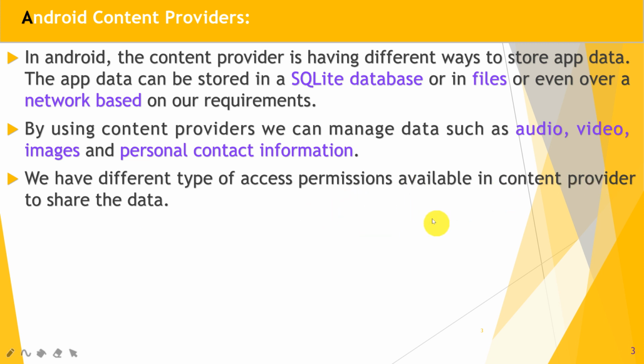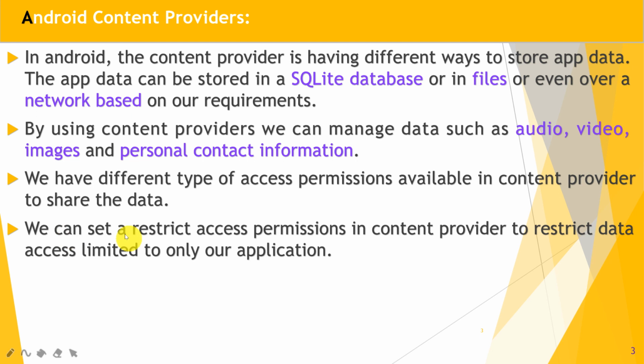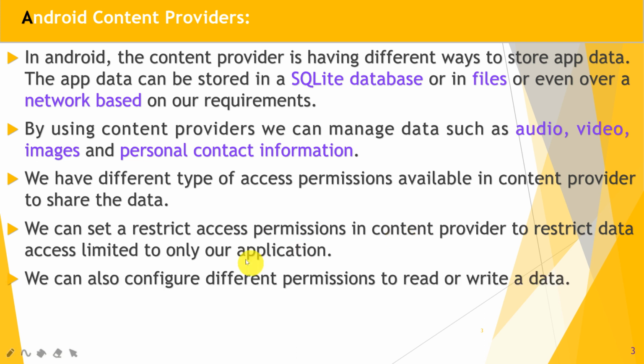We can set restricted access permissions on the content provider to limit data access to only our applications. So restrictions can be given. We can also configure different permissions to read or write the data from our SQLite database, files or networks.